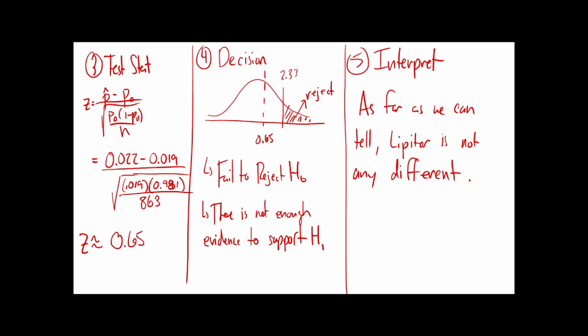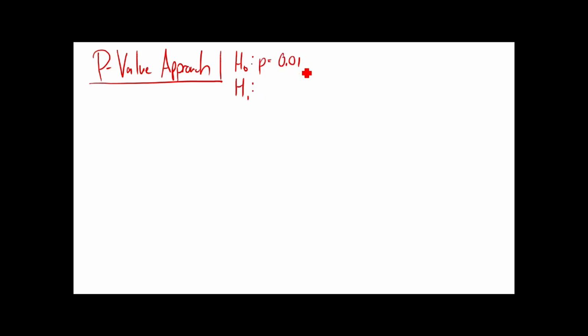But in the p-value approach, we take a little bit different strategy. So in the p-value approach to this test, we're still doing the same test here. Alpha is 0.01.